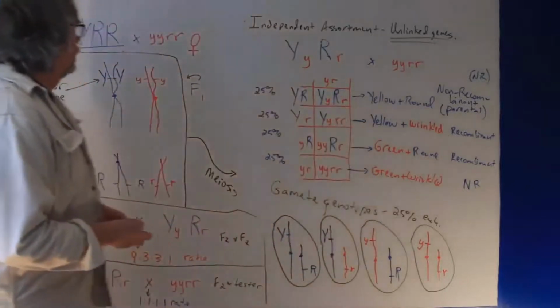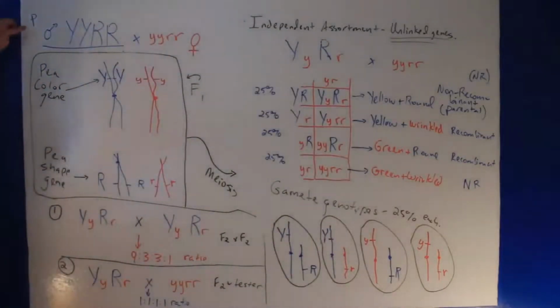All right, so this is the typical dihybrid cross that Mendel carried out. He started out with a parental generation where two parents, let's say the male pollen-contributing parent, was homozygous for two dominant traits, and the famous one we've been using is pea color and pea shape.